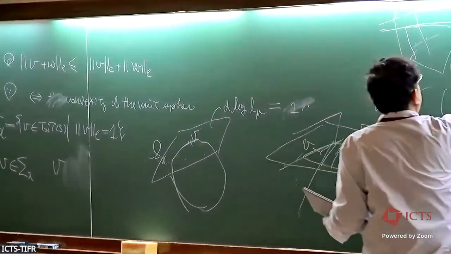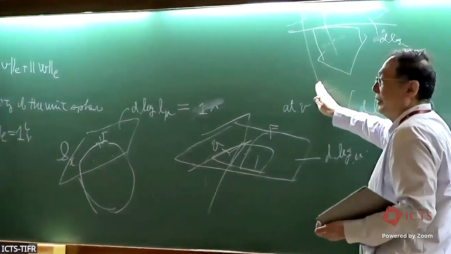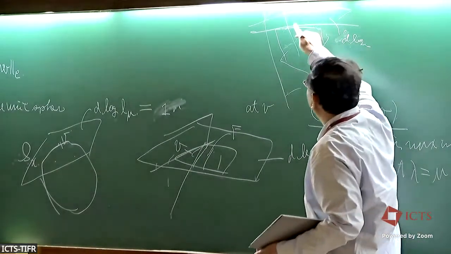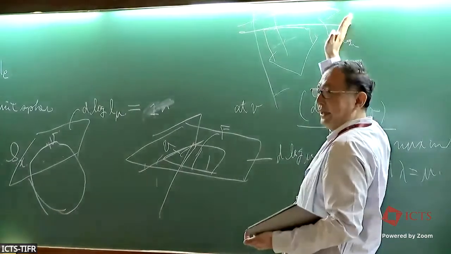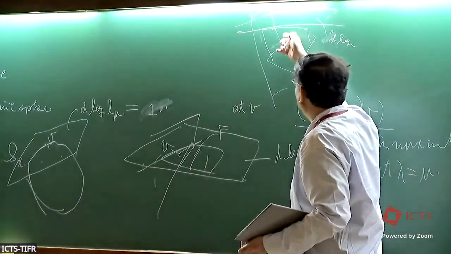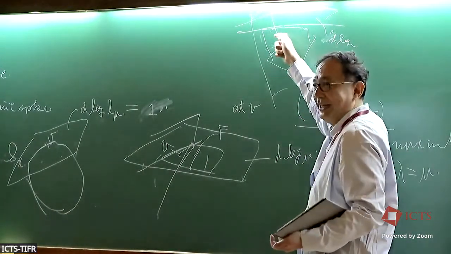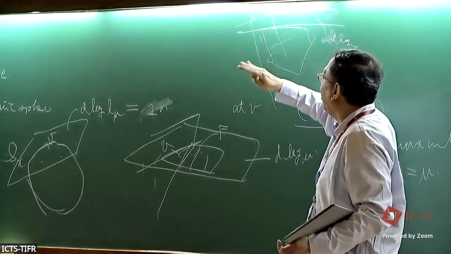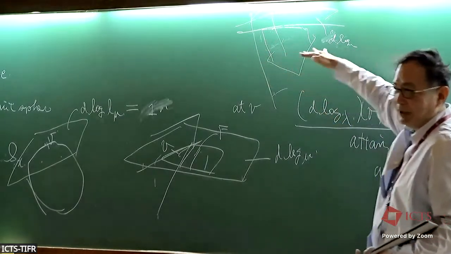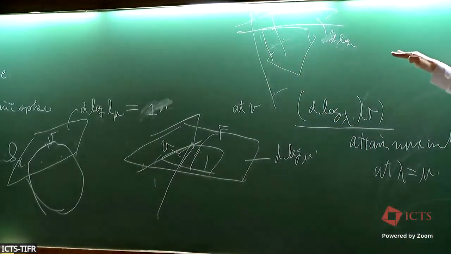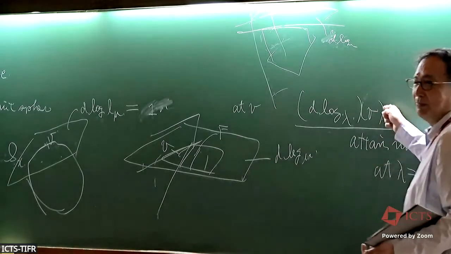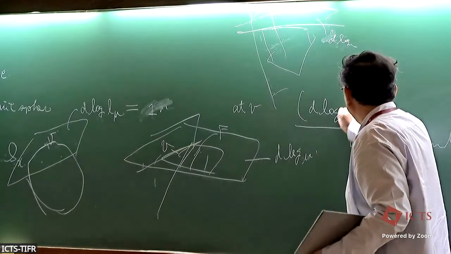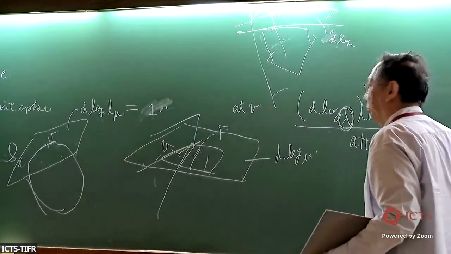If you consider another hypersurface, d log something equals 1, then V is on the same side as the unit ball, so the value should be less than 1. Only hypersurfaces touching at V attain the value 1. So this is maximal when lambda is mu.